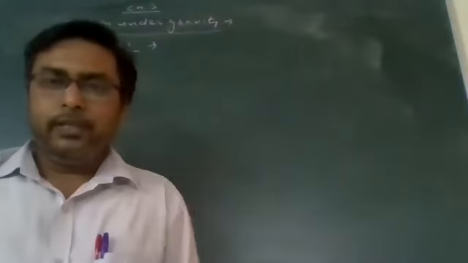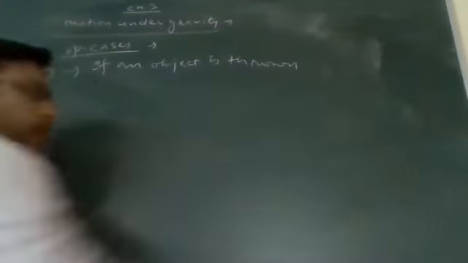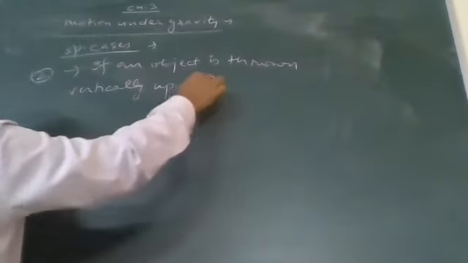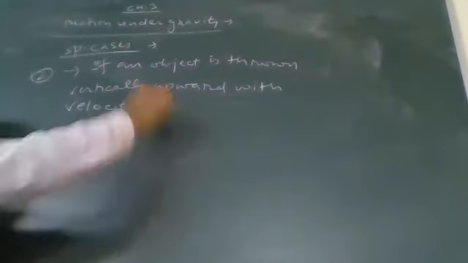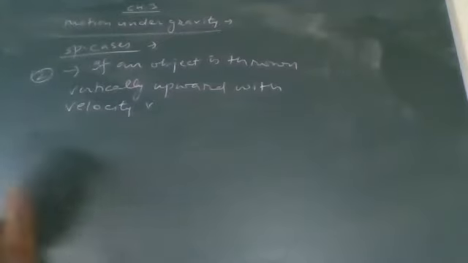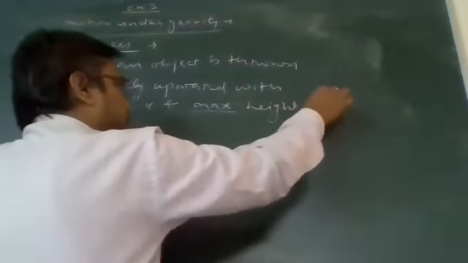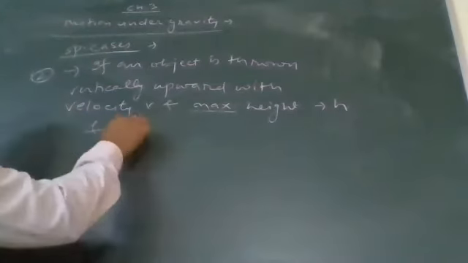Case 2: if an object is thrown vertically upward with velocity v, the maximum height attained by the object is h, and the time taken is t.